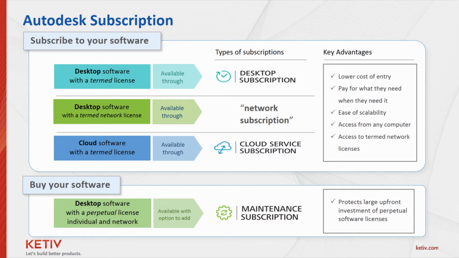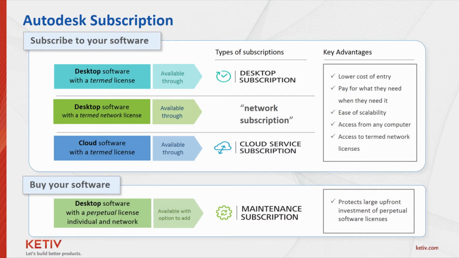What I have listed here are all of the options as a customer you have today to acquire licensing. Okay, and I'm going to start up on the top. The top 3 are the subscription options that exist for customers. Okay, so the first option is desktop subscription.